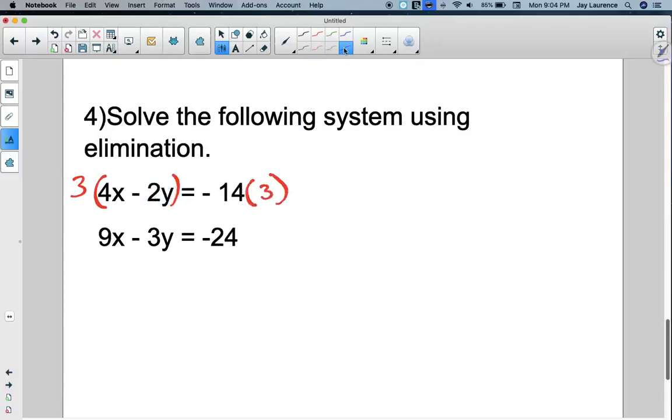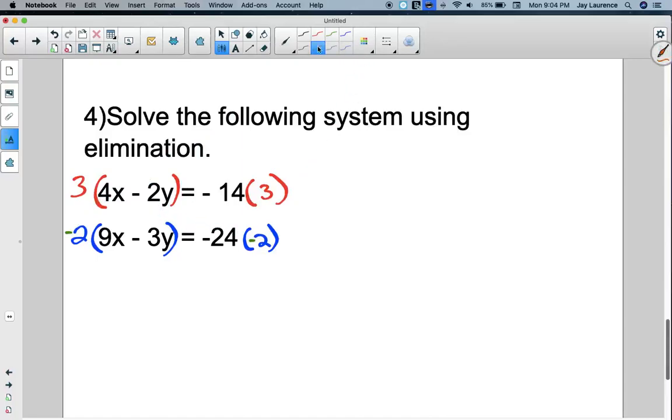When I do the bottom equation, I'm going to multiply by 2. The only problem is, when I distribute that 2, I'm going to get a negative 6y. In the top equation, when I distribute the 3, I'm going to get a negative 6y. I want them to be opposite signs, additive inverses. So I'm not going to multiply by 2, I'm going to multiply by negative 2.